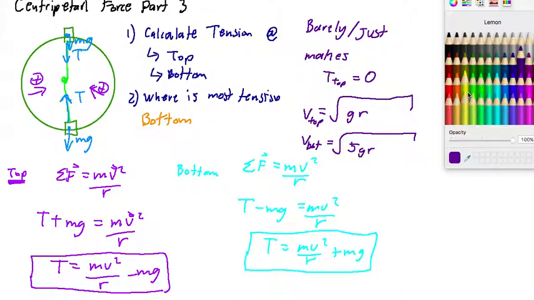But honestly, I think you just need to know these formulas for whenever you're asked what's the minimum velocity at the top that it must have to make the loop completely, at what velocity it must come from the bottom, or what is the tension if they give you the velocity and the radius at the top and at the bottom. I think those are the most useful things. I'm not going to confuse you with all the math.